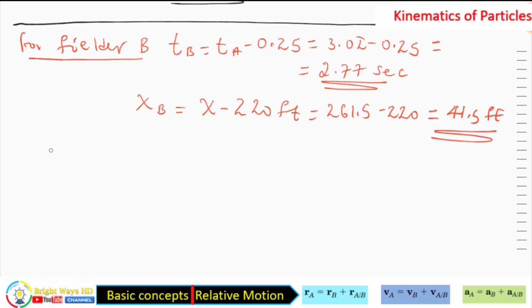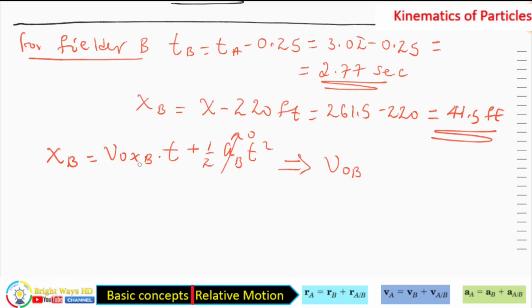But since fielder B had a constant velocity, with no acceleration, xB is equal to v naught x times t for fielder B. Since there is no y component, we can simply say that v naught B is equal to xB over time.